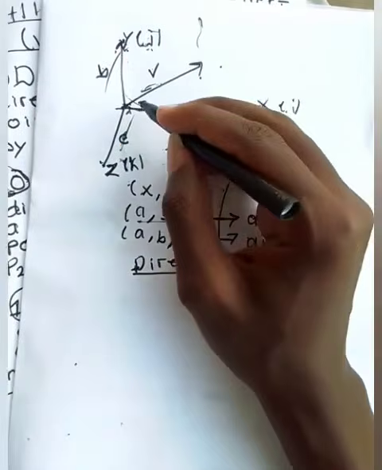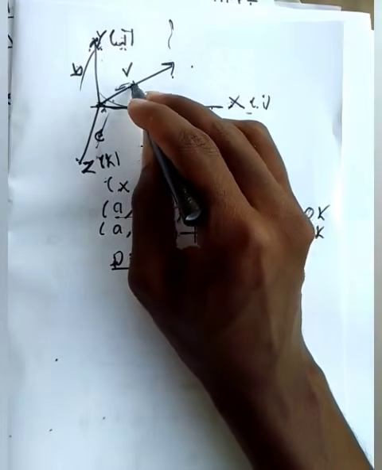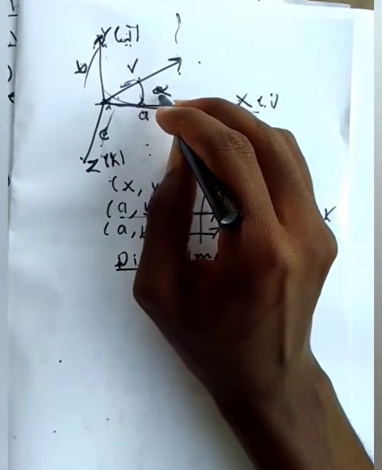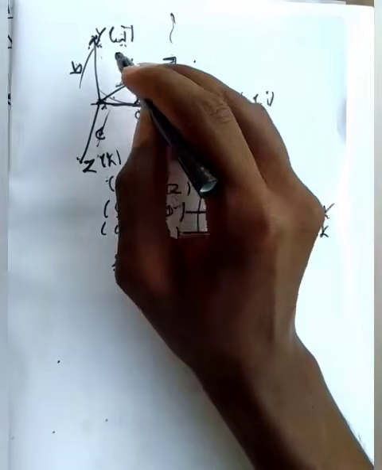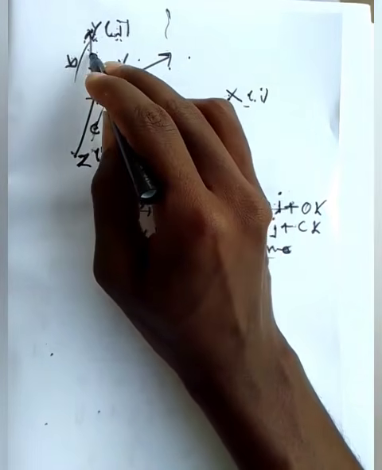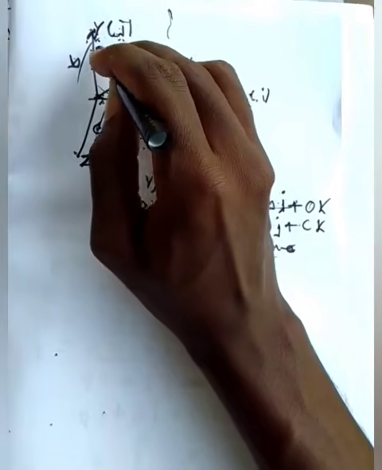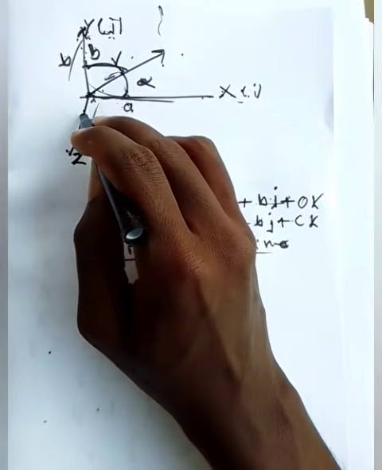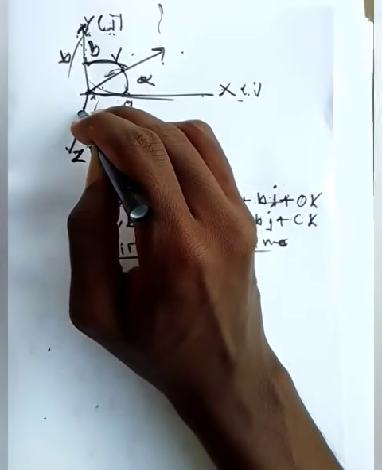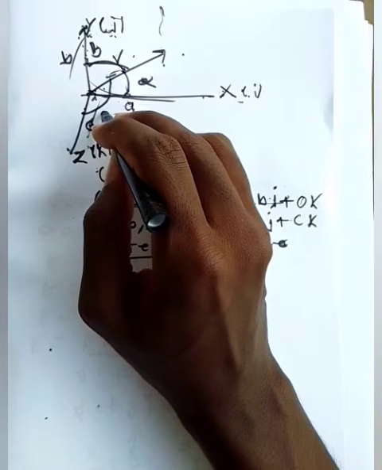Now, you need to understand that the angle between the vector and the x-axis is called alpha, the angle between the vector and the y-axis is called beta, and the angle between the z-axis and the vector is called gamma.